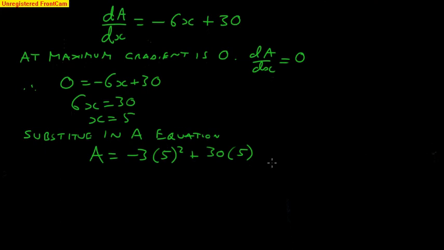And we just got to work out what that comes to. The area is equal to minus 3, 5 squared is 25, plus 30 times 5 is 150, that equals minus 75 plus 150, and the area is 75.